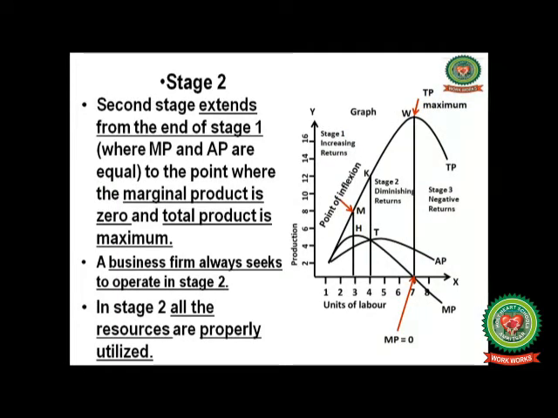This stage extends from point K and ends at point W, where MP and AP are both falling, but TP is still rising in the second stage. Business firms always operate in the second stage, because in this stage all the resources are properly utilized, and the maximum possible output and the maximum possible profit are there for the producers.